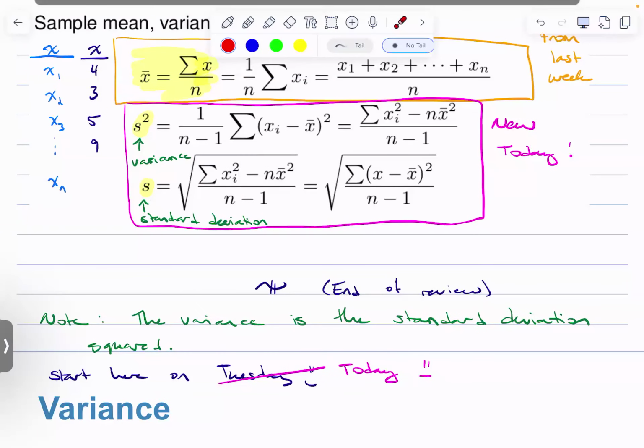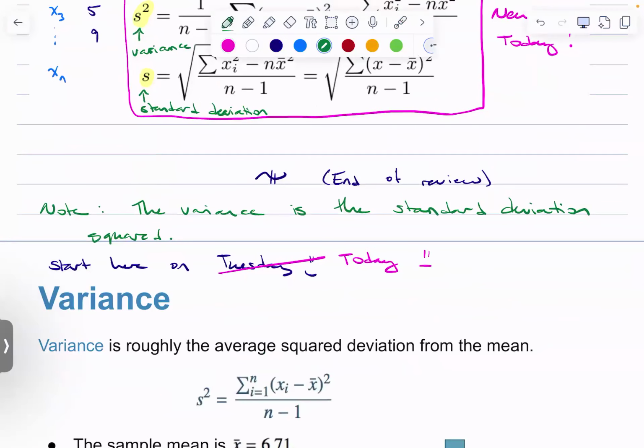So we'll start with the variance, but what I wanted to say in this note is that later we will only use the standard deviation. We need to know the link between the two.